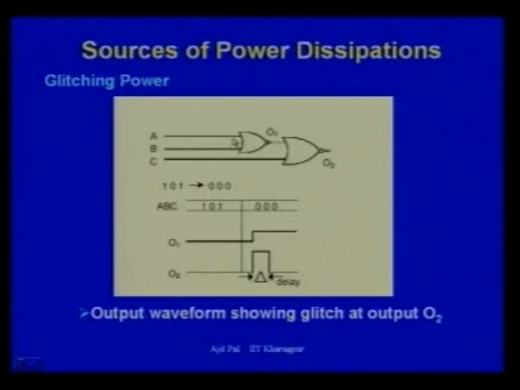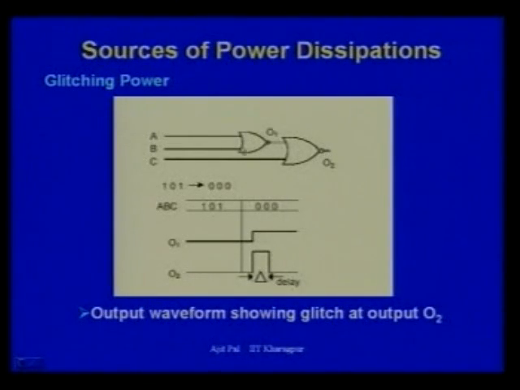Here, as you can see, for input combination 101, what is the output? Output is low. Again, for input combination 000, output is also low. That means if the input changes from 101 to 000, output should not change, it should remain 0.